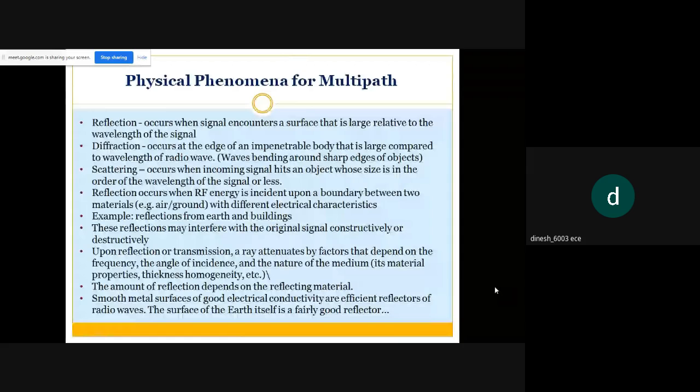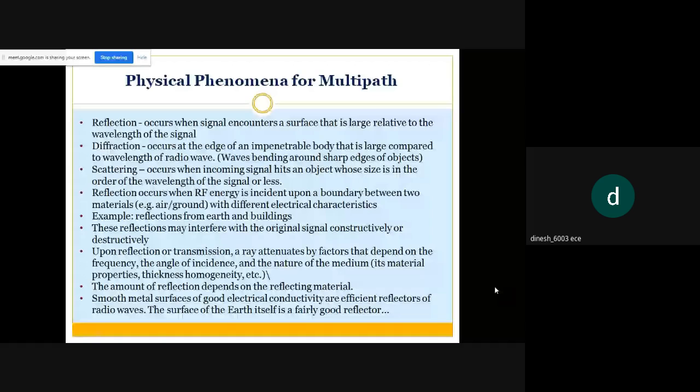Diffraction occurs at an impenetrable body that is large relative to the length of a radio wave; the waves bend around the sharp edges of the objects, as I had shown you in the diagram. Scattering occurs when an incoming signal hits an object whose size is on the order of the wavelength of the signal or less than that.